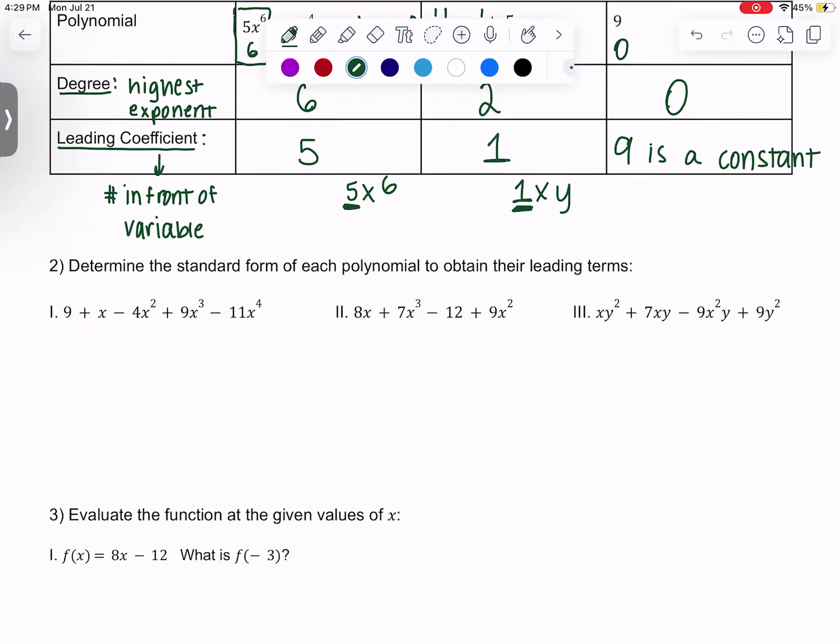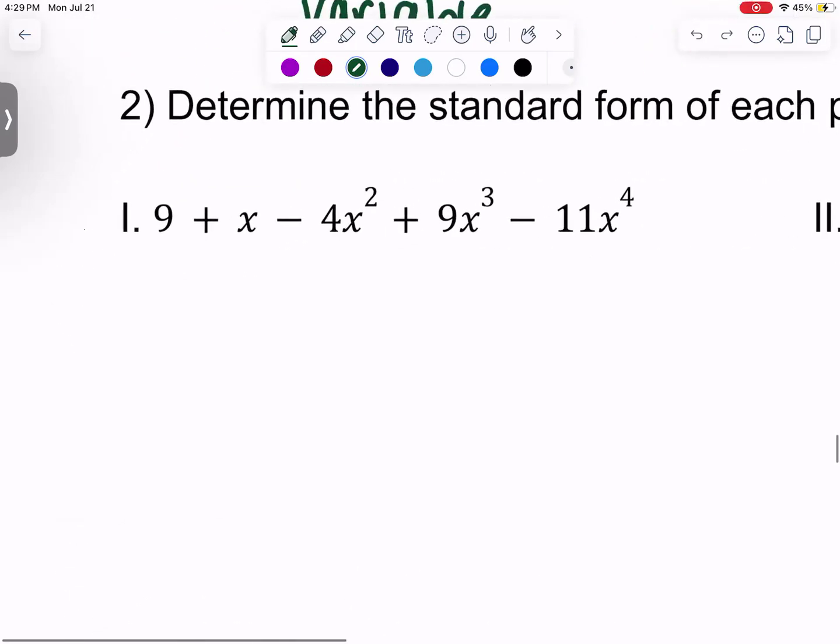Number 2, determine the standard form of each polynomial to obtain their leading terms. So we want to write these in standard form. That means the highest degree in front. For the first one, let's go through each term. The degree of the first one is 0, then 1, then 2, then 3, and then 4.